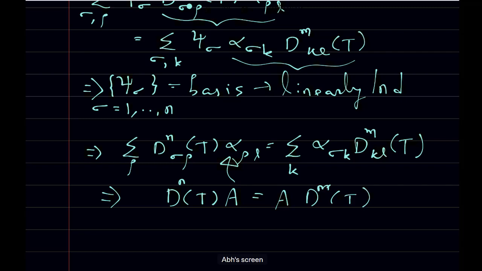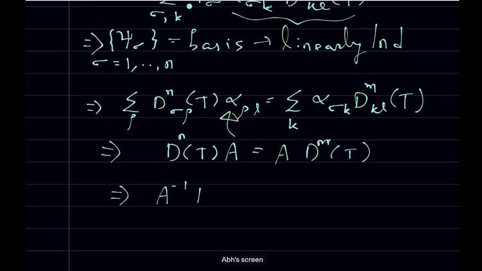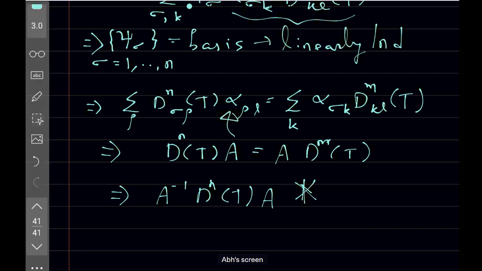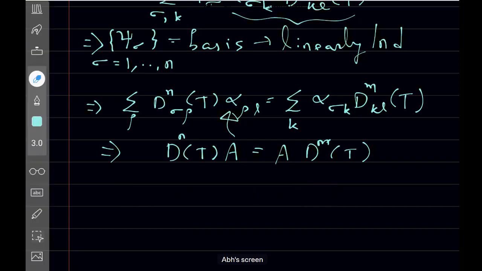From here you can do one more step, but we will not do it right now. You will say, hey, can I do this? I'll say not right now, because you don't know if A is invertible. We don't know that. So let's keep the whole derivation up to here, and then we start discussing various cases.